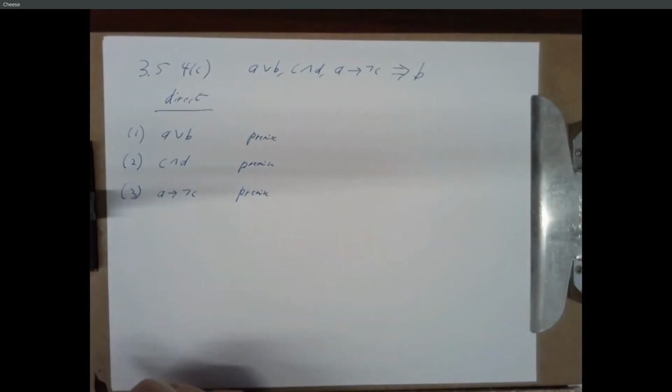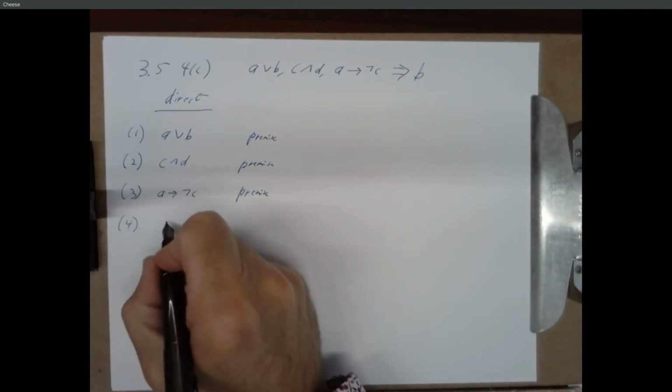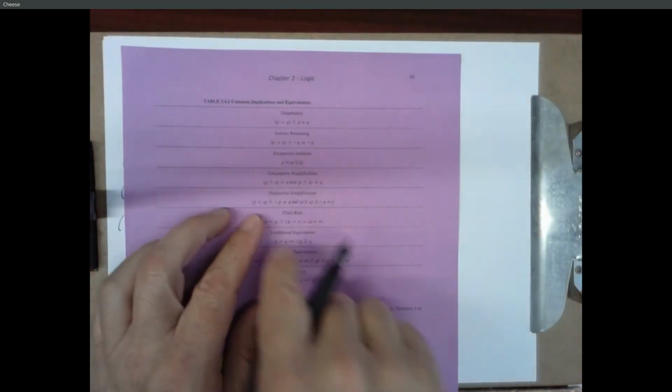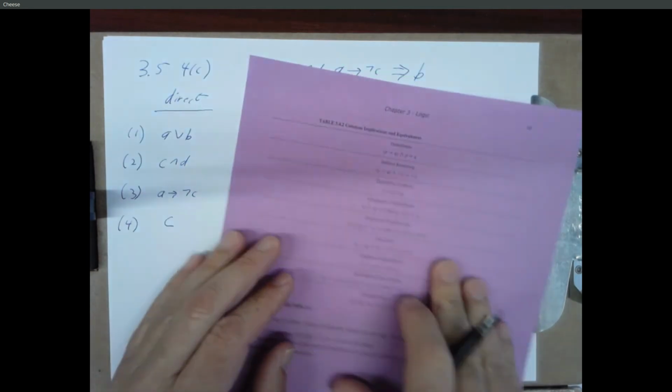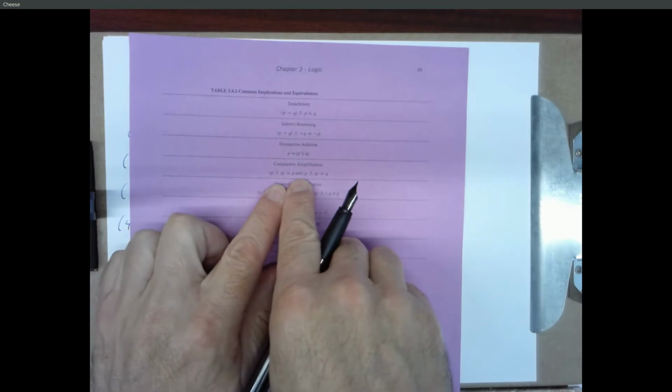So how can we write this up? Well, let's start off by getting C. I'm going to state that C is true. And what is the reason for that? So if I know that P and Q is true, then I also know that P is true. And similarly, if I know that P and Q is true, then I also know that Q is true.